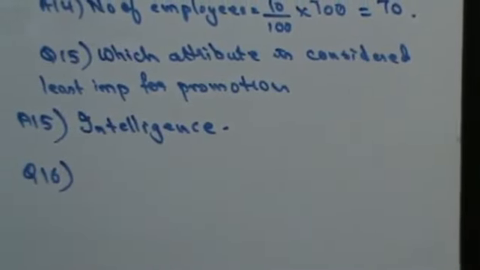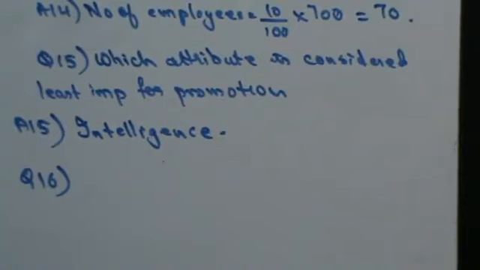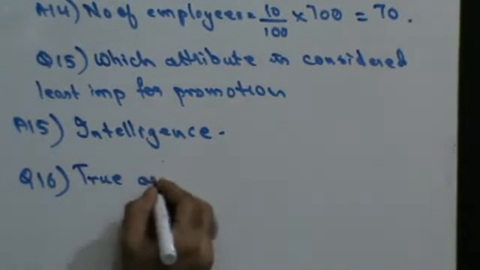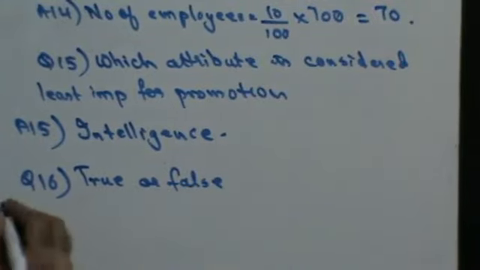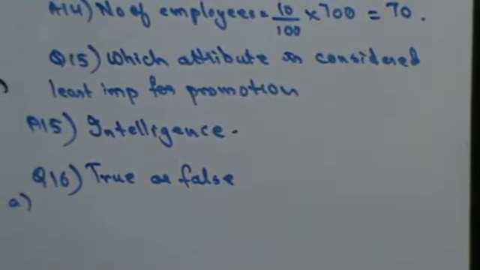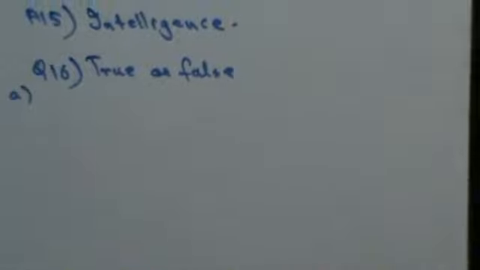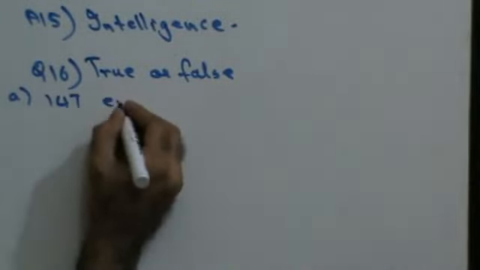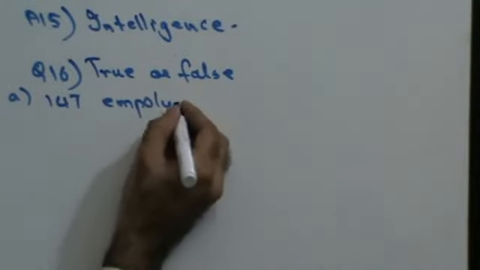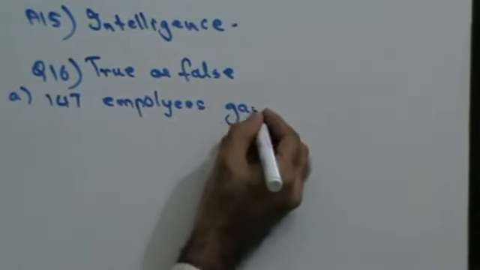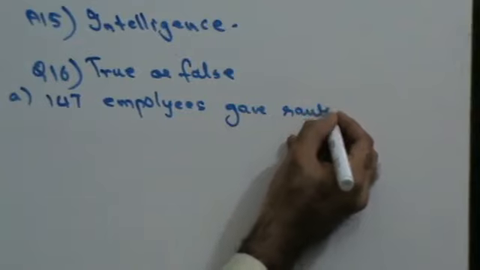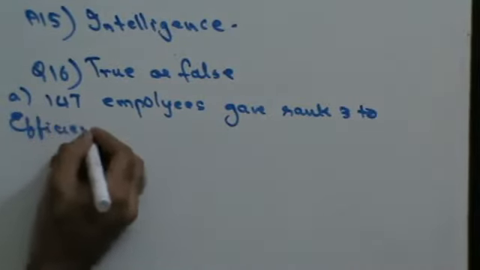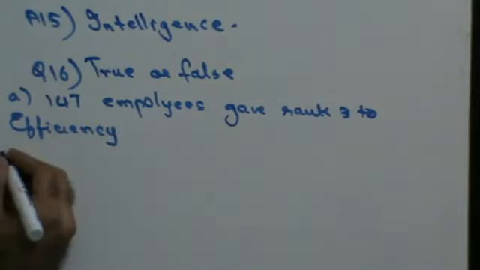Question 16. True or false? A. 147 employees gave rank 3 to efficiency. Let's check this.